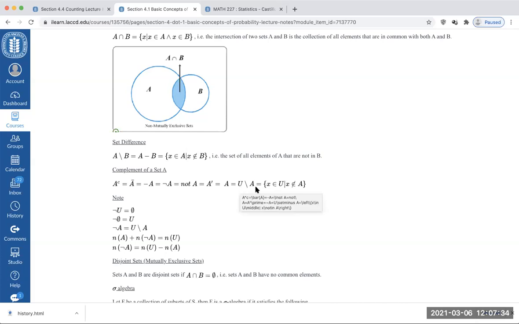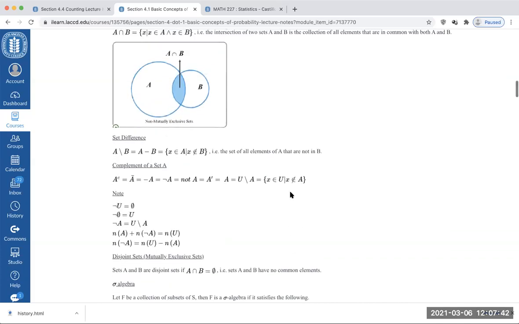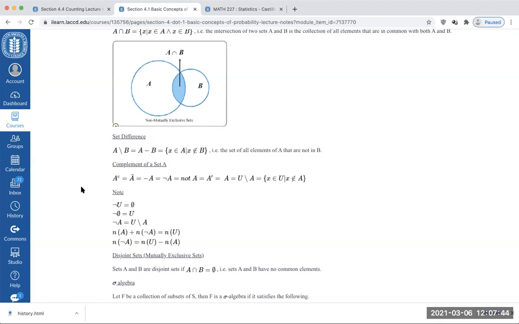It is U take away A. It's the set of all x in the universe which are not in A. It's everything outside of A. Note that the complement of the universe is the empty set. The complement of the empty set is the universe.